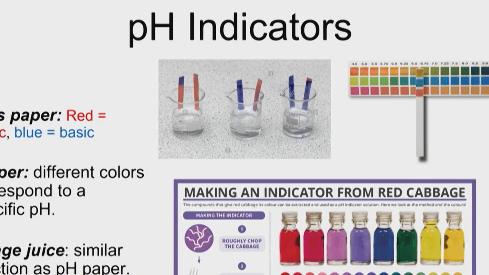Depending on how saturated the pigment is with hydrogen ions, it's going to change the color of the cabbage juice, which means it's a great indicator since it changes color depending on H plus concentration.